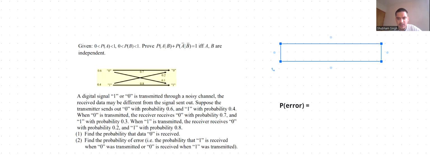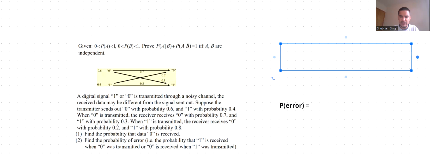The probability of sending a 0 is 0.6, and the probability of that 0 being received is 0.7. And the probability of sending a 1 is 0.4, and the probability of receiving a 0 is 0.2.